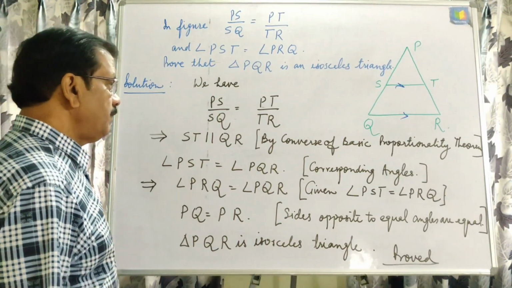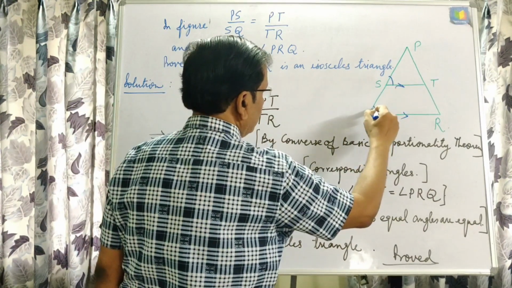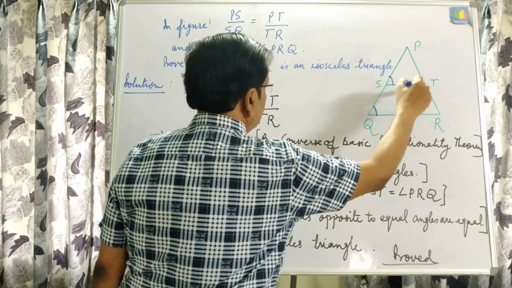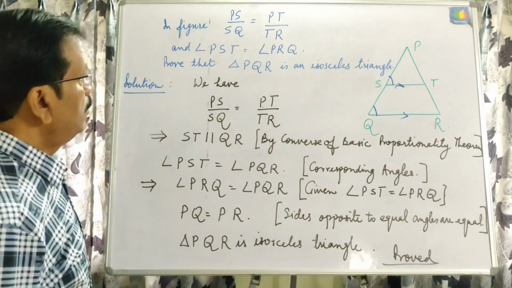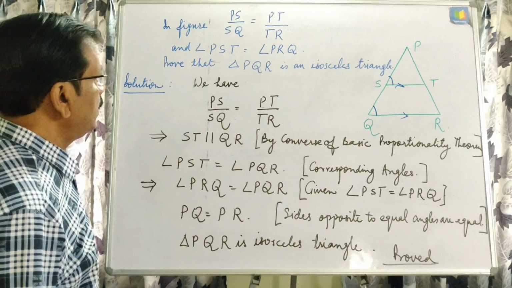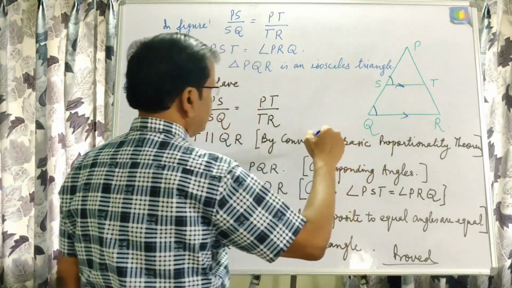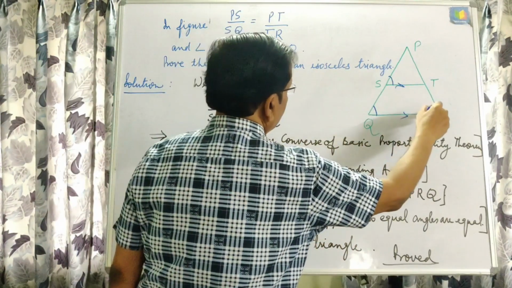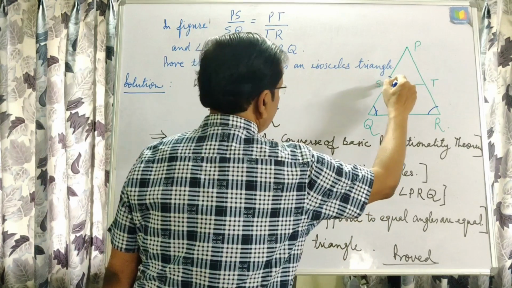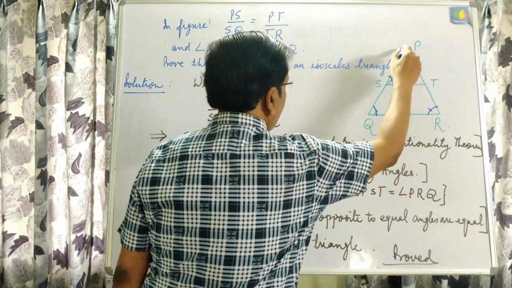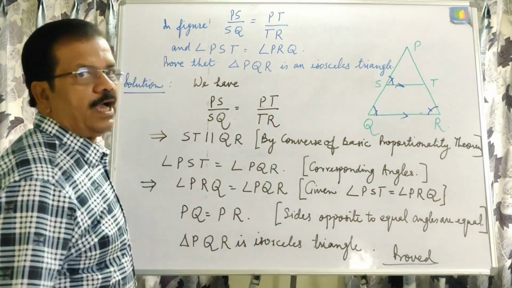And if ST is parallel to QR, then by corresponding angles, angle PST will be equal to angle PQR. But here we are given that angle PST is equal to angle PRQ, and since these two angles are equal to this, angle PQR is also equal to angle PRQ.